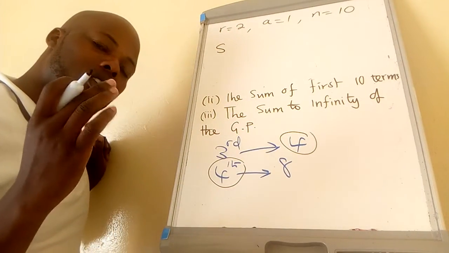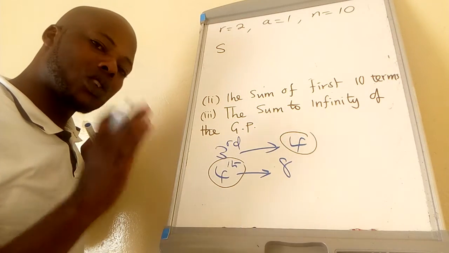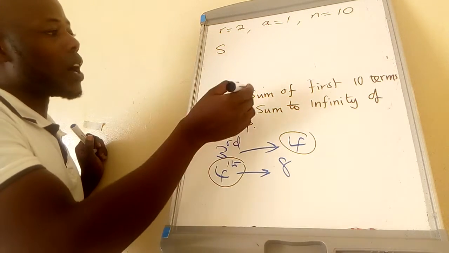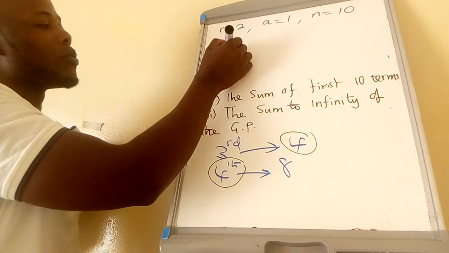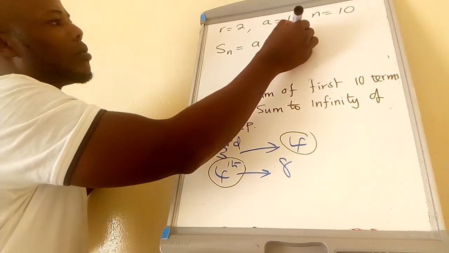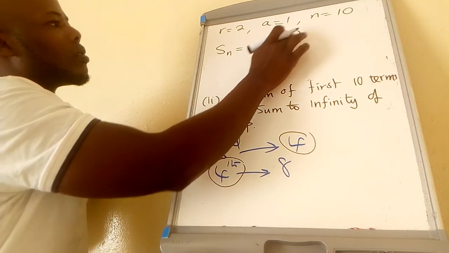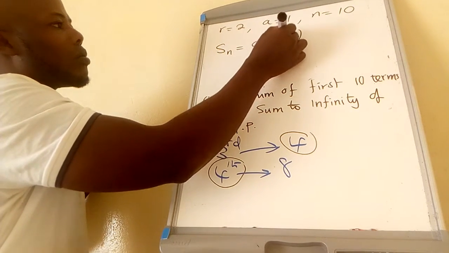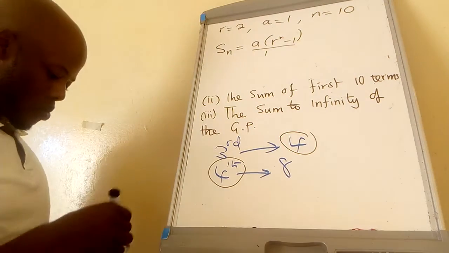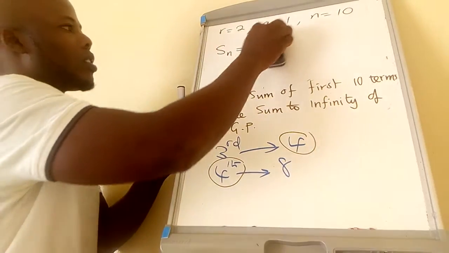If you don't know how to use it, you can watch my other video, the introduction to geometric progression, to understand how to use the formula for finding the sum, which looks like this. I'll use this other one.